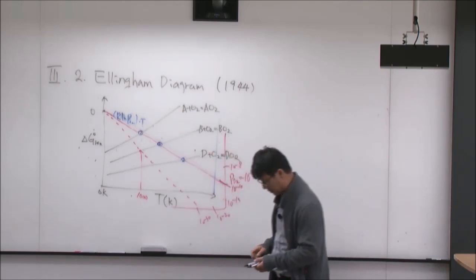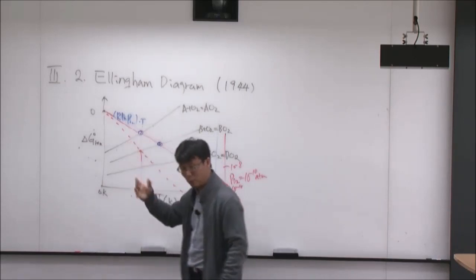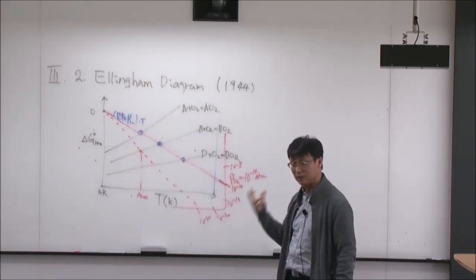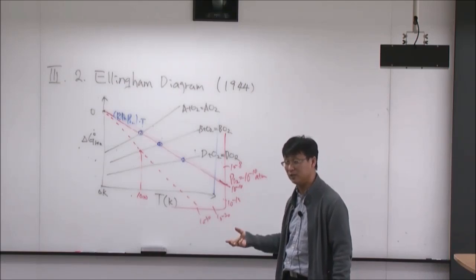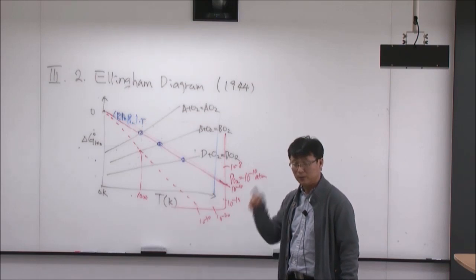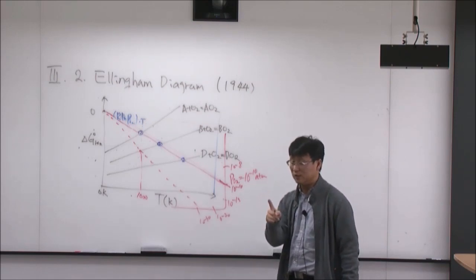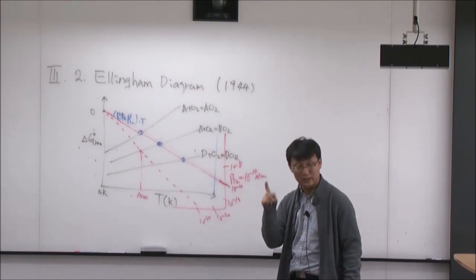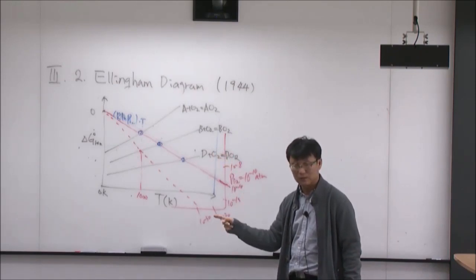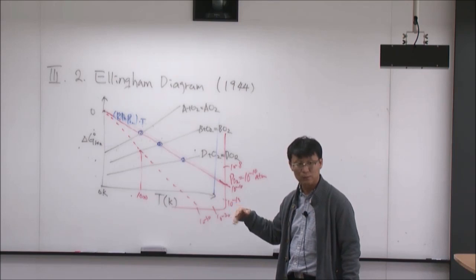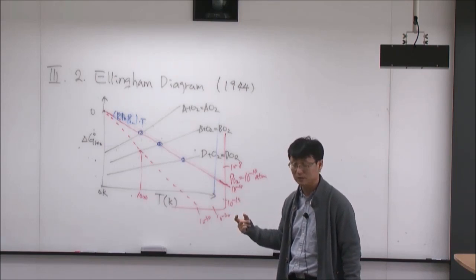Now let's look a little bit more in detail, more inside of the Ellingham diagram. So this is the basic idea. The Ellingham diagram is the collection of the delta G of reaction for the metal becoming metal oxide. But one assumption here is, because this is standard delta G of reaction, we assume all the solid metal and all the oxide is a pure stoichiometric compound.